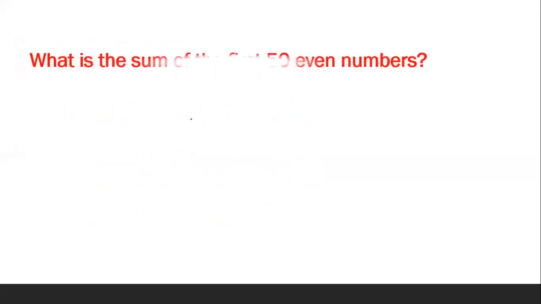If the question asks us to find the sum of the first 50 even numbers, there is a restriction that all the numbers are even. So the first 50 even numbers means it starts with 2, 4, 6, and so on until the 50th number, which would be 100.